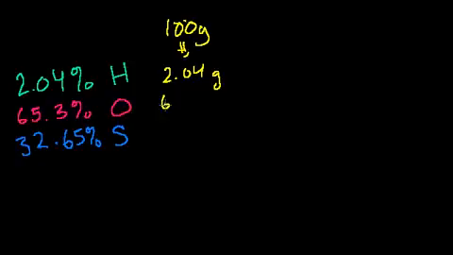I have 65.3 grams of oxygen. And I have 32.65 grams of sulfur. Now what we need to do is figure out how many moles of hydrogen, how many moles of oxygen, and how many moles of sulfur. Then we can compare the ratios, and we should be able to know the empirical formula.